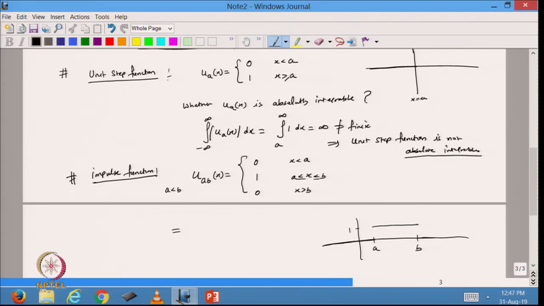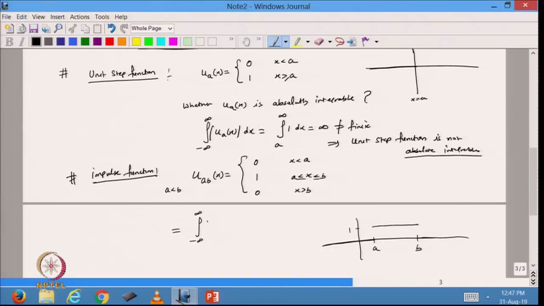And about the second, absolute integrability: clearly most of the time the function is 0 except in the finite interval. So, if I take the integration of this function over the finite interval, its value is going to be finite. Checking the absolute convergence, this becomes the integral from a to b of 1 dx, and that is b minus a, which is finite.